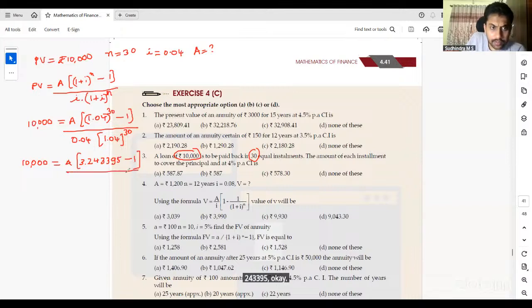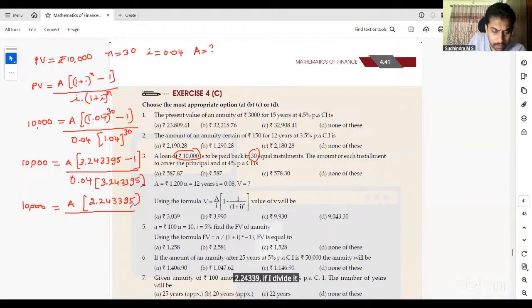Minus 1 divided by 0.04 into 3.243395. So 10,000 equals A into 2.243395 divided by what is in the denominator? After simplification, 0.1297358.